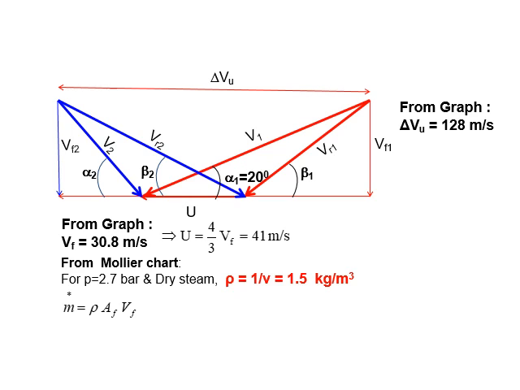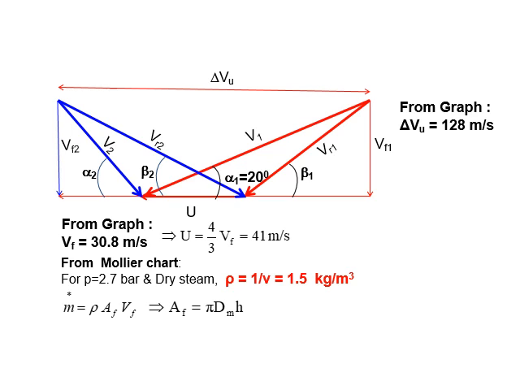Now the mass flow rate is equal to rho into Af into Vf. Here m dot represents the mass flow rate or steam flow rate through the turbine, rho indicates the density of the steam, Af is the area of flow, and Vf is the velocity of flow.